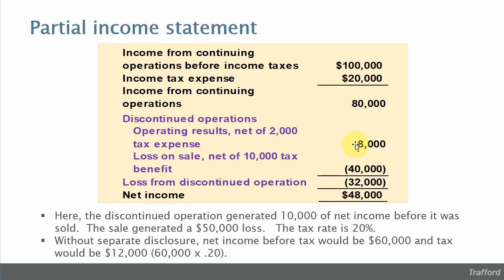The $8,000 from operations and the $40,000 loss net to a $32,000 overall loss from discontinued operations after taking into account taxes. So the $80,000 income from continuing operations minus the $32,000 loss from discontinued operations gives us our total net income of $48,000.